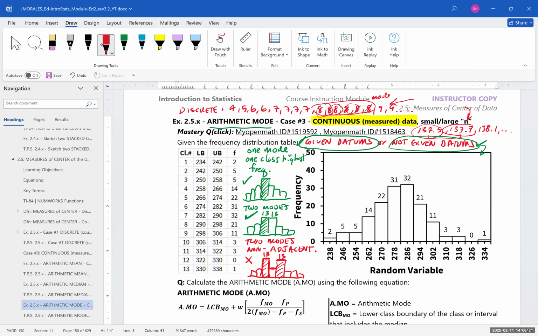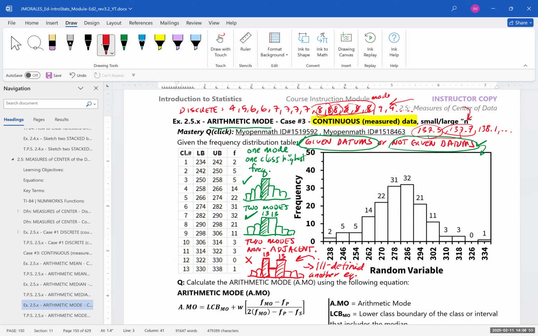Okay, so we've got two modes and they're not adjacent, so we cannot use this formula in this case. This is what's called ill-defined. And there is another equation that we'll look at next for calculating the mode with an ill-defined distribution.